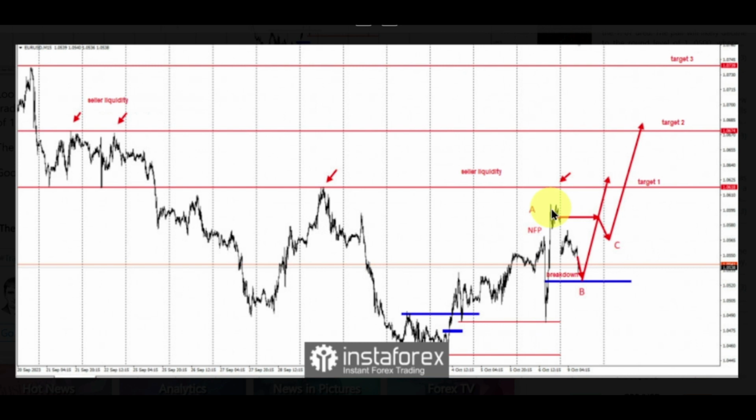Traders could consider long positions with stop loss set at 1.0490. Please take profit on the breakdown of 1.0617, 1.0674, and 1.0737.